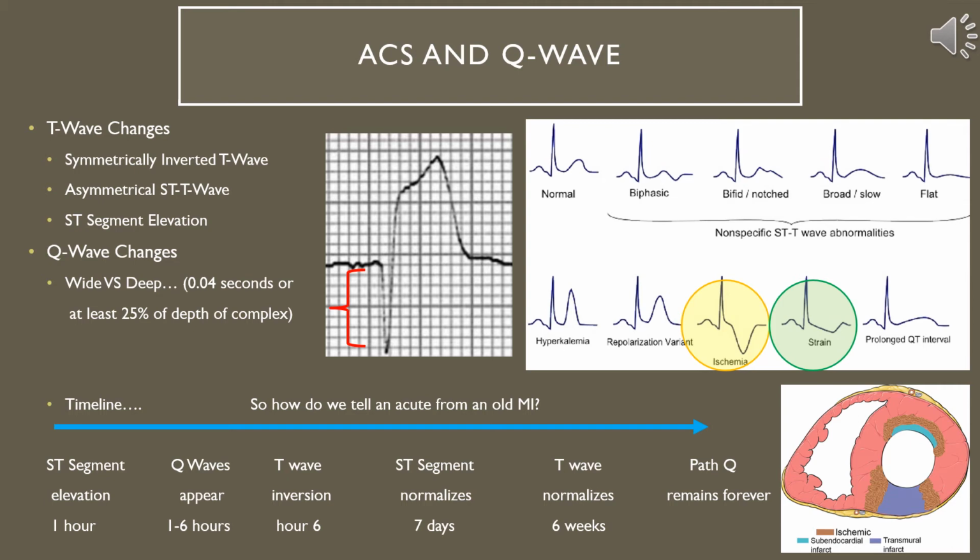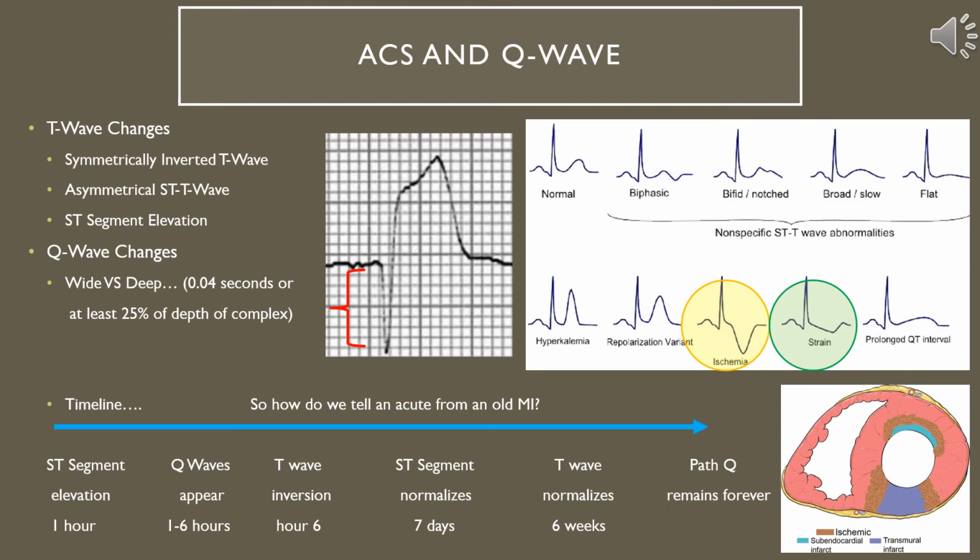Symmetrical T wave inversion tends to occur within 2 to 3 days of the event. If it's a myocardial infarction, generally we see T wave inversion within 6 hours. This ischemic finding on EKG tends to return to normal within 6 weeks after MI, and if this change is seen in 2 leads in the same lead group, this is usually an acute change and termed an inverted T wave acute.